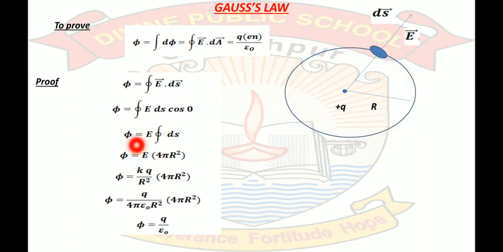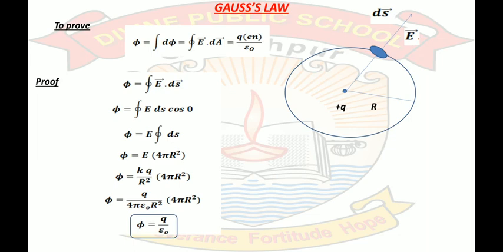E can be taken out, and surface integration of ds becomes 4 pi r square. The value of electric field is kq upon r square, into 4 pi r square. The value of k is 1 upon 4 pi epsilon naught, into r square. Now 4 pi r square will cancel out, and in place of phi we are going to have q upon epsilon naught, which we had to prove.